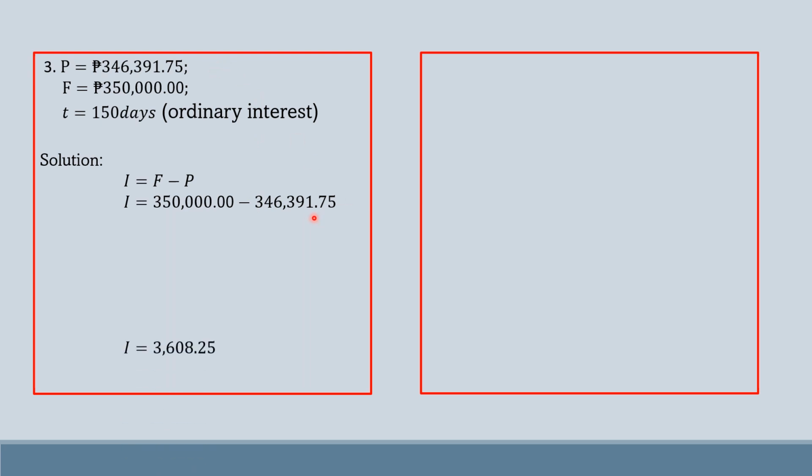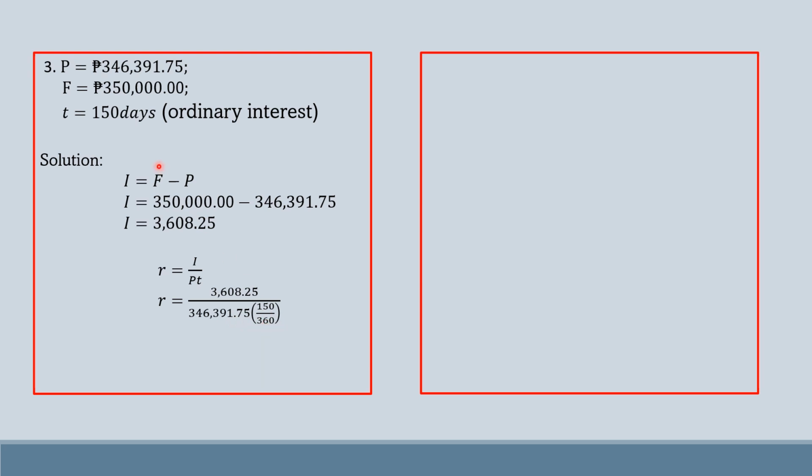346,391.75. Meron po tayong interest na 3,608.25. So, substitute na po natin sa formula ng pagkuha ng rate is equal to, ang interest natin ay 3,608.25 divided by, ang ating pong principal amount ay 346,391.75 times in years po ulit.